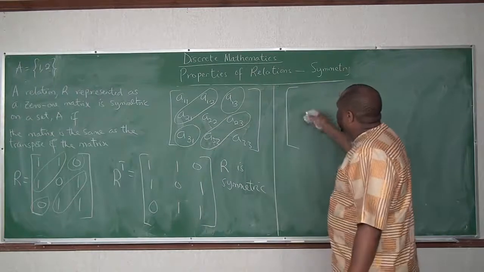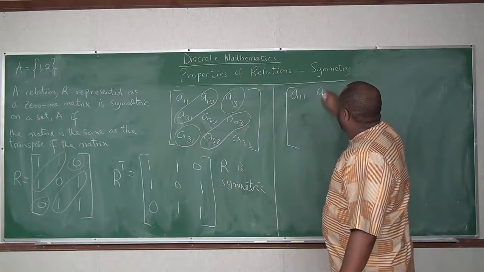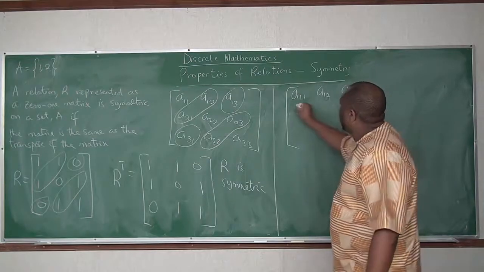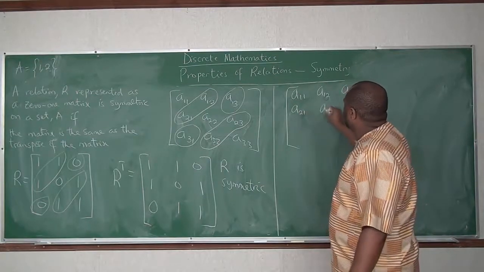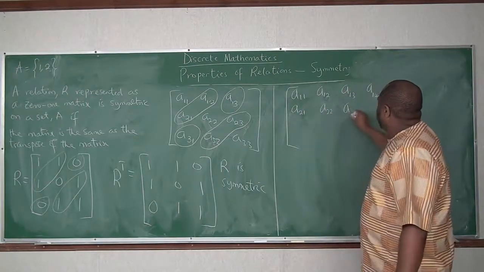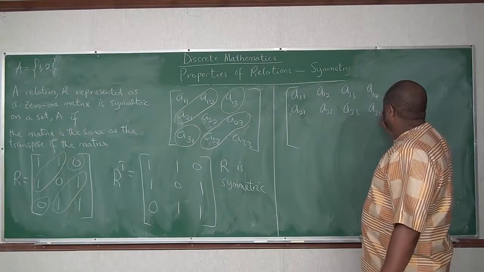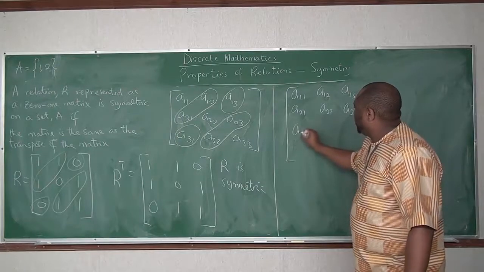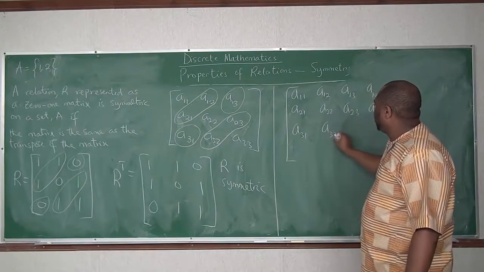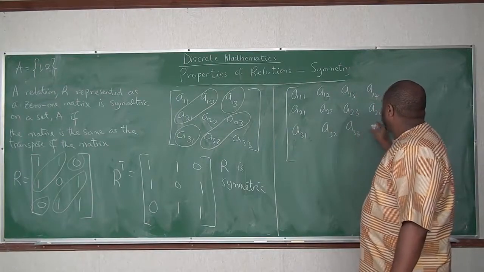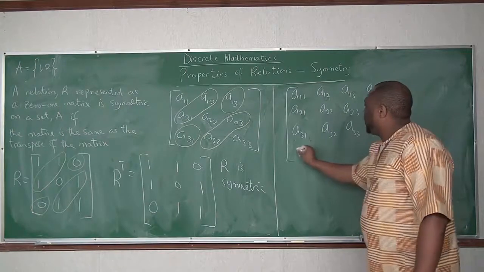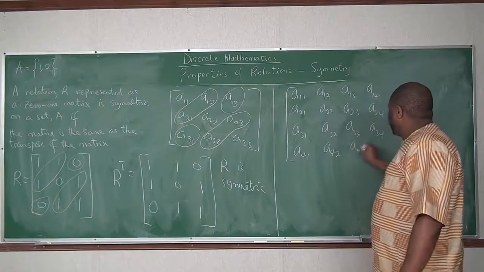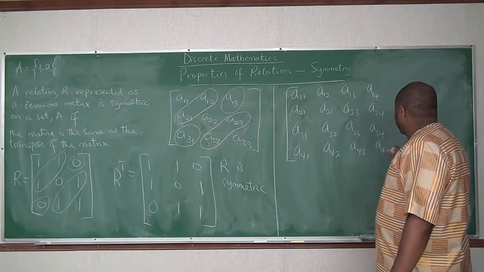So if you have a 4 by 4 matrix, you have A11, A12, A13, A14, A21, A22, A23, A24, A31, A32, A33, A34, A41, A42, A43, A44.